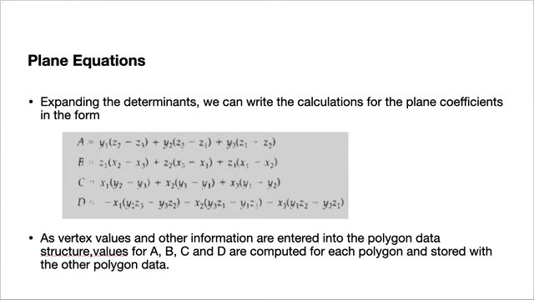Okay, so expanding these determinants, we can write the calculation for plane coefficients in the form A equal to y1 into z2 minus z3 plus y2 into z3 minus z1 plus y3 into z1 minus z2, and B as z1 into x2 minus x3 plus z2 into x3 minus x1 plus z3 into x1 minus x2, and C as x1 into y2 minus y3 plus x2 into y3 minus y1 plus x3 into y1 minus y2, and D as minus x1 into y2 z3 minus y3 z2, minus x2 into y3 z1 minus y1 z3, minus x3 into y1 z2 minus y2 z1.